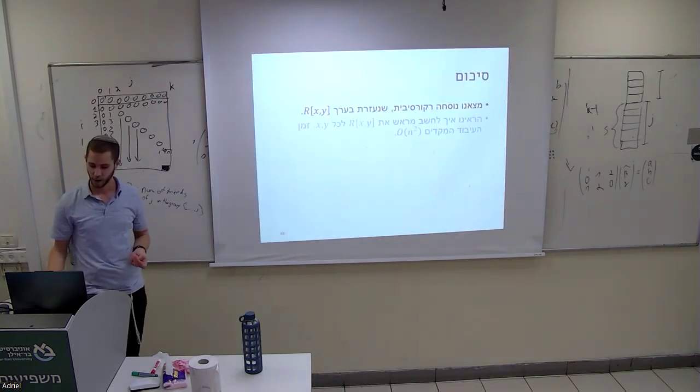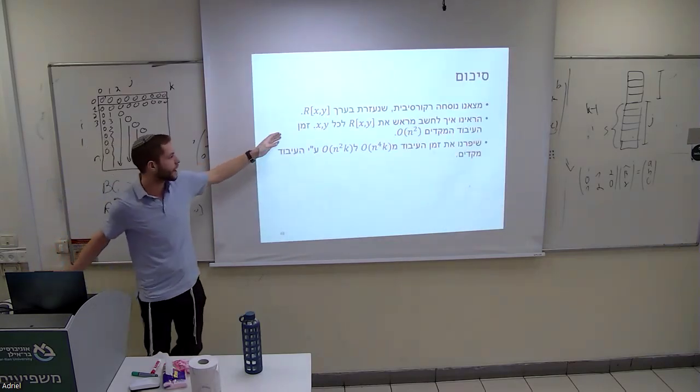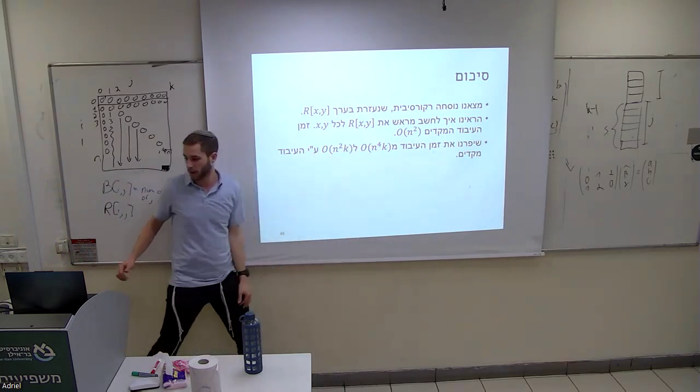Okay, so the pre-computation time of our R matrix is O of n squared, and therefore the pre-computation is O of n squared times k instead of O of n to the fourth power times k, because in order to calculate R, the naive way takes us O of n squared for each one.